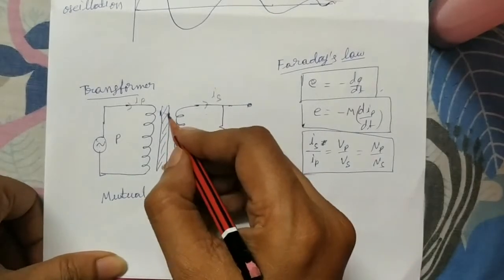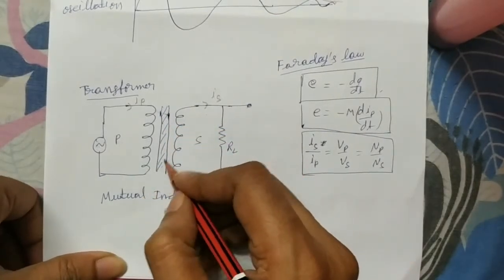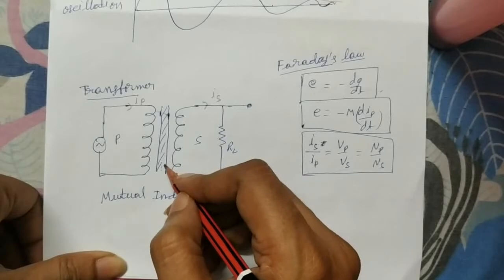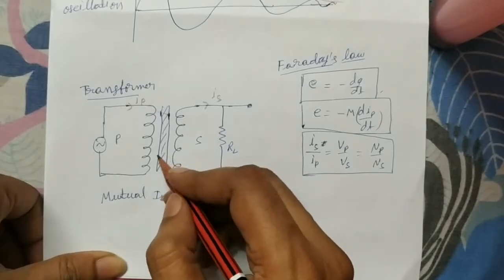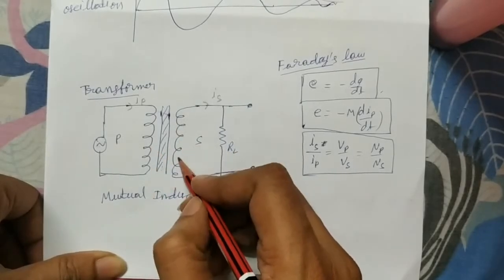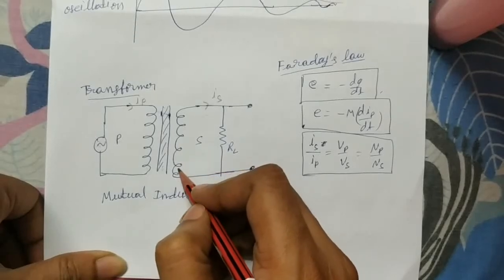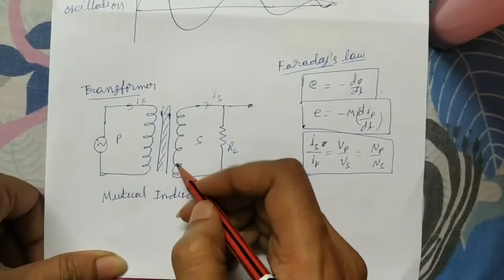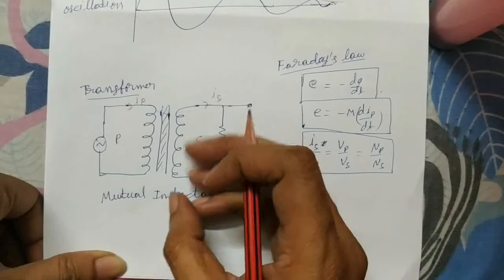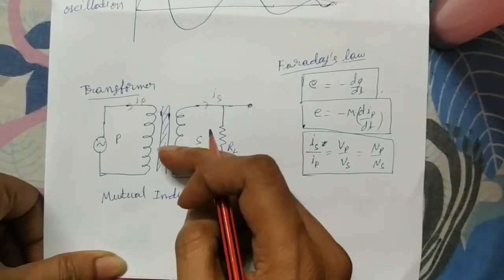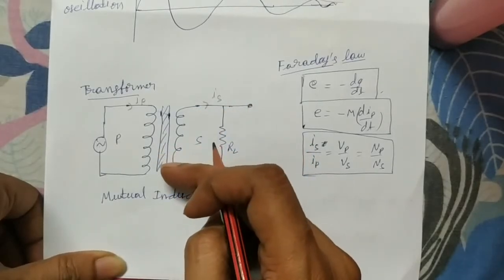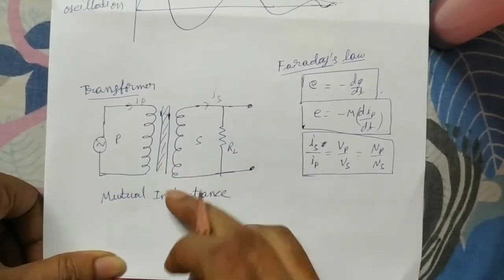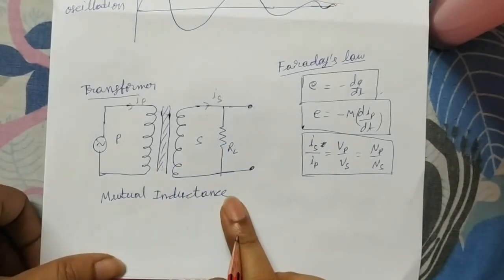This is the core of the transformer, and it is generally made of a ferromagnetic substance so that most of the magnetic field passes through the second coil. The reason is that a ferromagnetic substance attracts magnetic flux lines. That's why they use a core which has high permeability, nothing but a ferromagnetic substance.